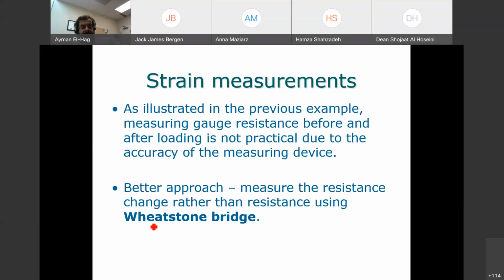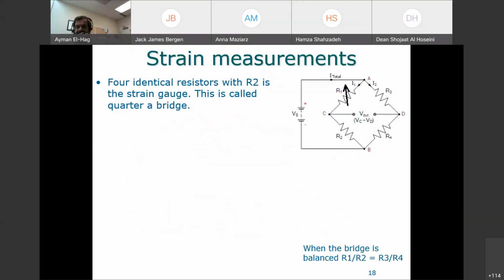However, we can measure it using the Wheatstone bridge. Let's refresh our memories about it. We said that the bridge is balanced if R1 over R2 equals R3 over R4.